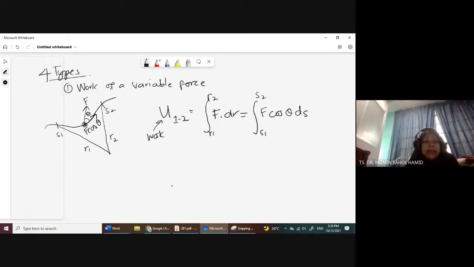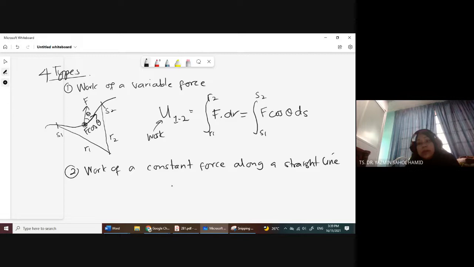Secondly, we have work of a constant force along a straight line. In a while, I'm going to ask you what the difference is.